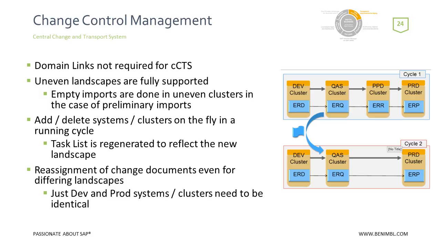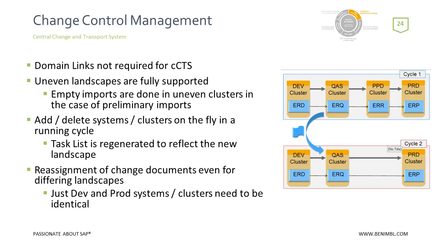From the perspective of uneven landscapes, you have ERP with Dev, QA, Pre-Prod, Prod, but then you put the CRM landscape into the picture and you don't have a Pre-Prod, and then Charm would struggle when you tried to move a CRM transport at a particular status.